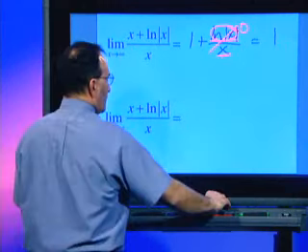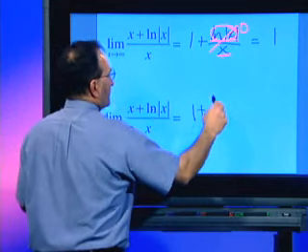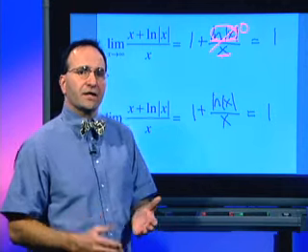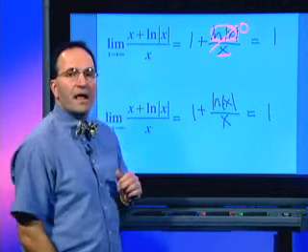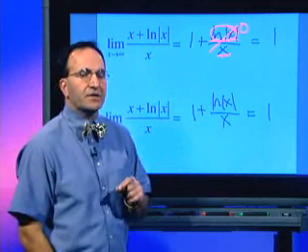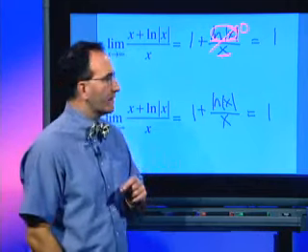Again, this is equal to 1 plus the natural log of the absolute value of x over x, which is the same thing, and yes, of course, that limit goes to 1. And so, in this particular case, we can use g of x equals x and h of x equals x as models for the right-end and left-end behavior.